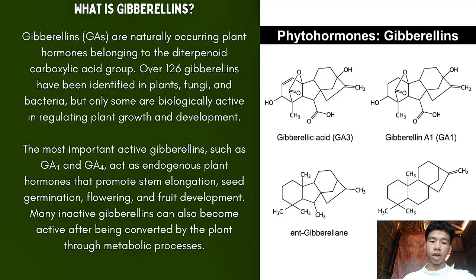The most important active gibberellins, such as GA1 and GA4, act as endogenous plant hormones that promote stem elongation, seed germination, flowering, and fruit development. Many inactive gibberellins can also become active after being converted by the plant through metabolic processes.